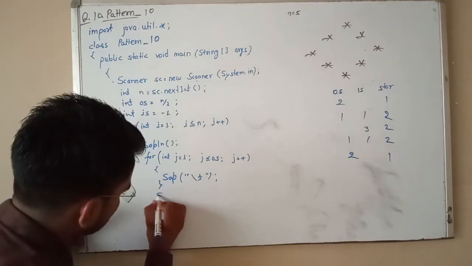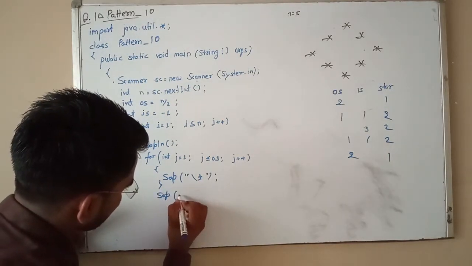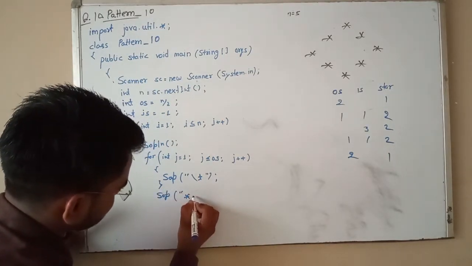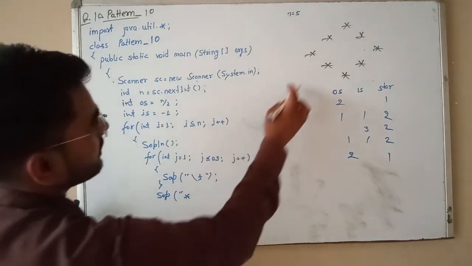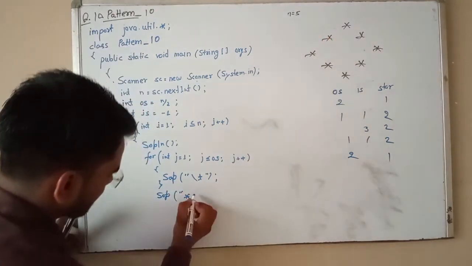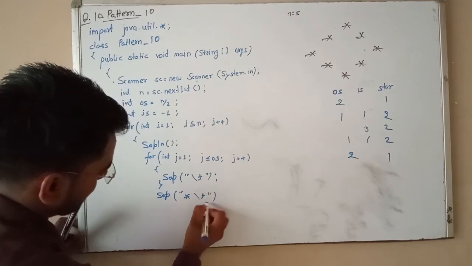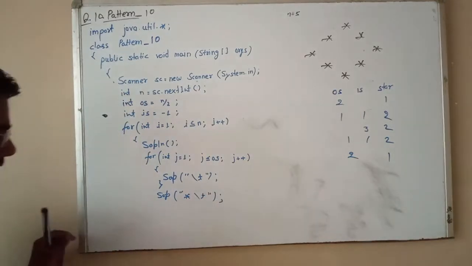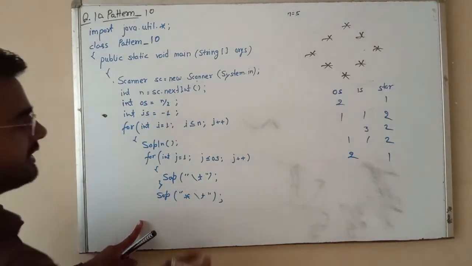Then our star value. So here SOP print star, after every outer space print star. After this star value you need the internal space.